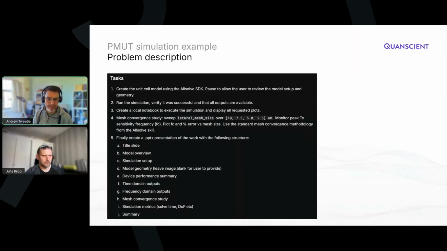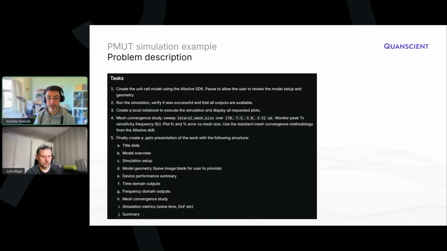So the idea is to just adequately describe the problem. And a little bit further down the issue, I've created some specific tasks. So create a unit cell model using the AllSolve SDK, run the simulation, create a local Python notebook to execute the simulation and provide some output plots, and then some information on running a mesh convergence study.